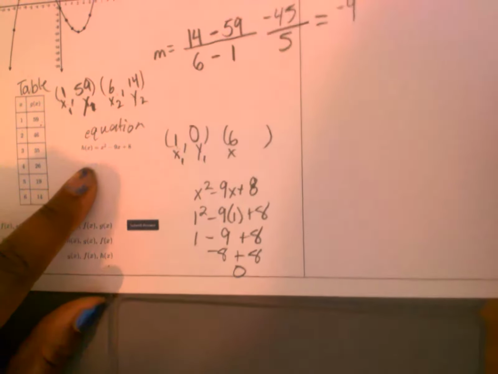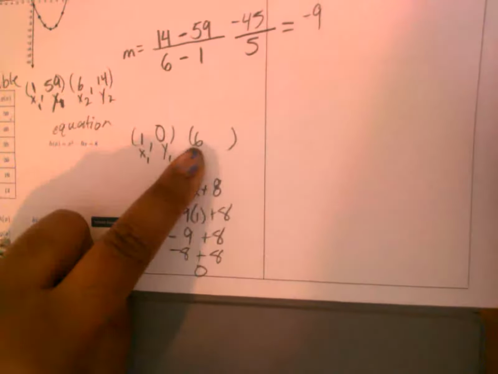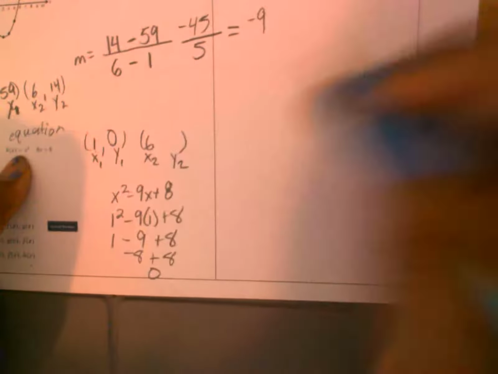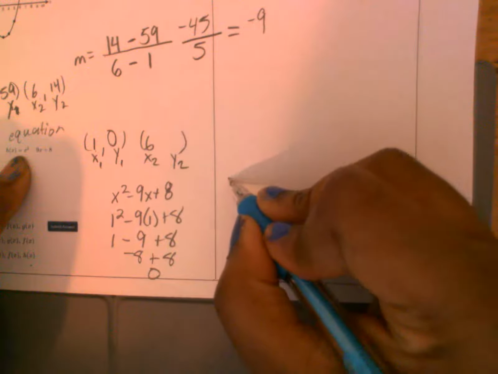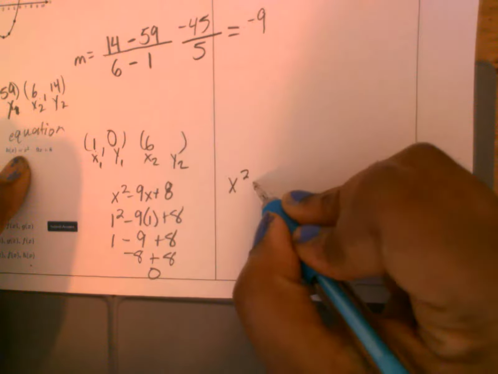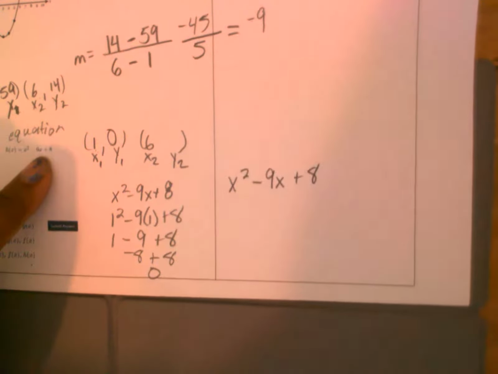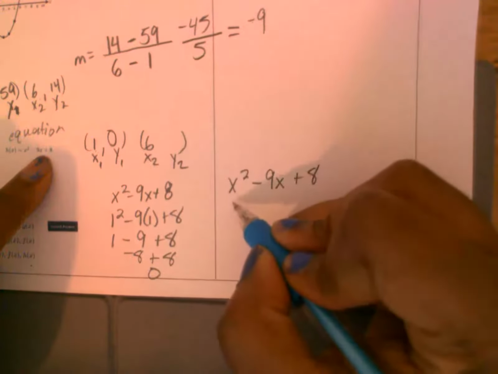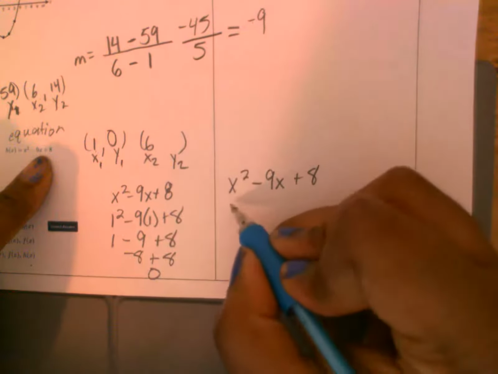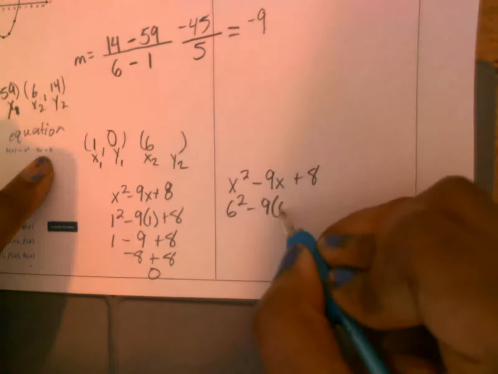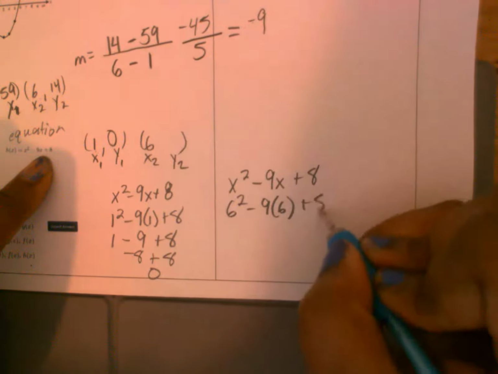Okay? And now you got to substitute 6. So this is x2, y2. All right? So when I substitute 6, I get, again, x squared minus 9x plus 8. And I'm just copying it so I eliminate some mistakes, making sure I'm not rushing. I have 6 squared minus 9 times 6 plus 8.